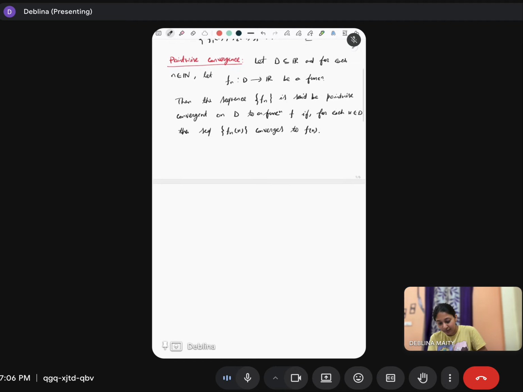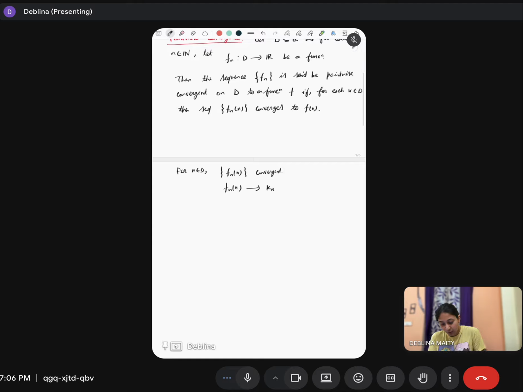Now what is this f? For each x belonging to D, fn(x) converges to f(x). Now we want to find what is f(x). This sequence fn(x) is a convergent sequence, so for each x, fn(x) converges to some k(x).